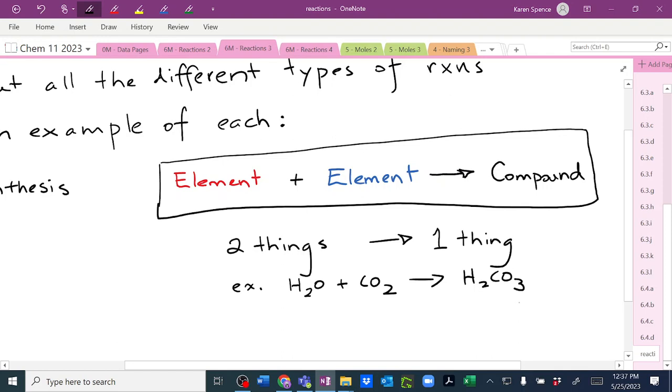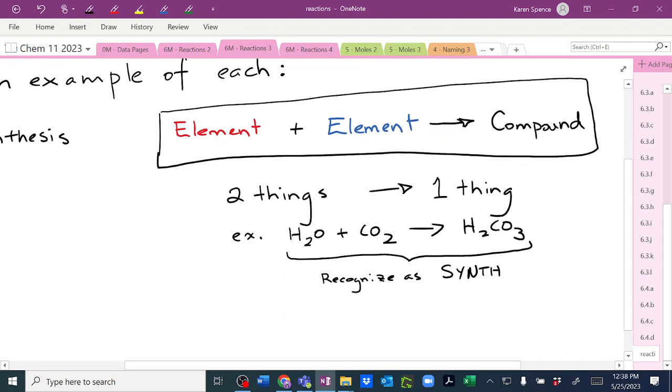And so that is synthesis, even though it's not the stereotypical element plus element gives compound. So these ones you would need to recognize as synthesis, but you would not need to predict the product.